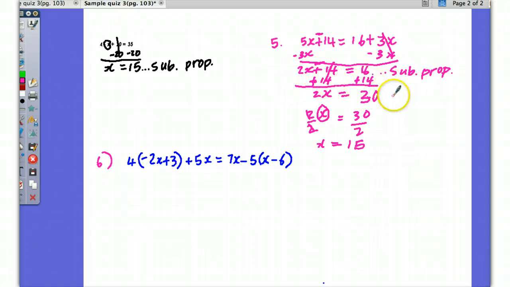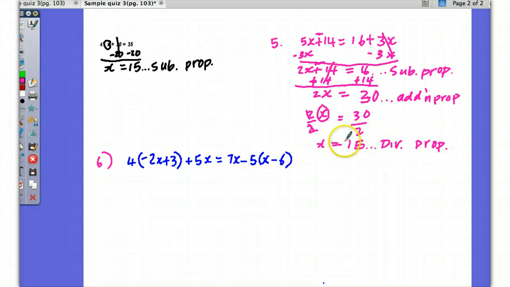I added 14 to both sides, so you write addition property. Finally, to get from 2x equals 30 to x equals 15, I had to divide both sides by 2. So I got to this point by what is called the division property. So that takes care of that one.